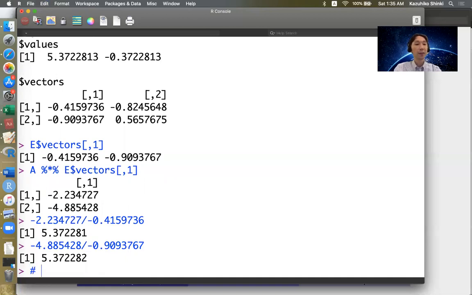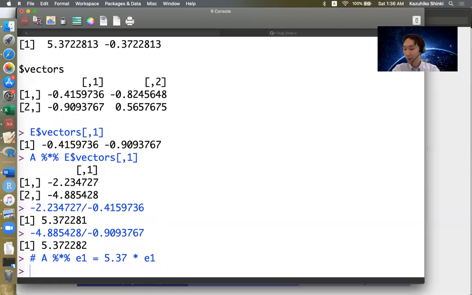So remember that A times the eigenvector, maybe E1, becomes 5.37 times E1. This is the property of eigenvectors.